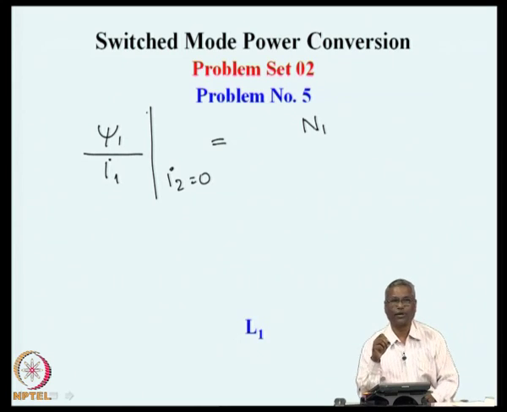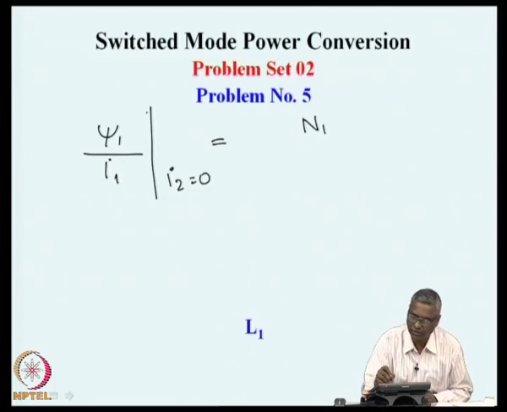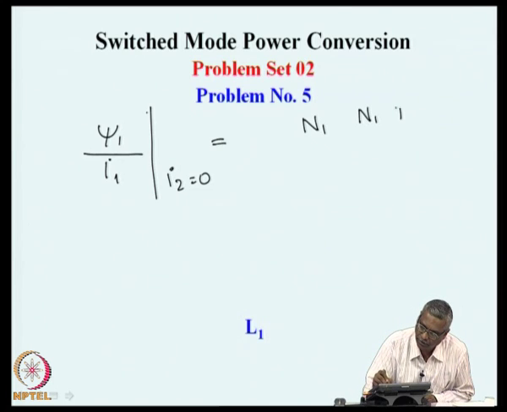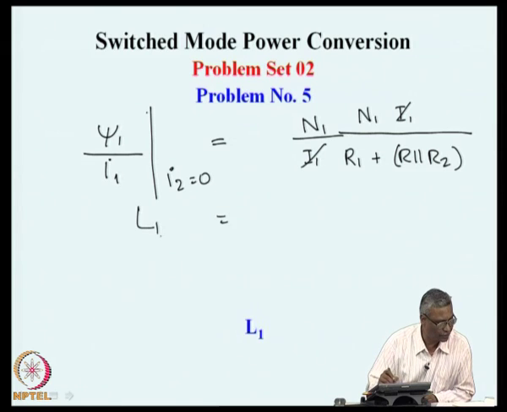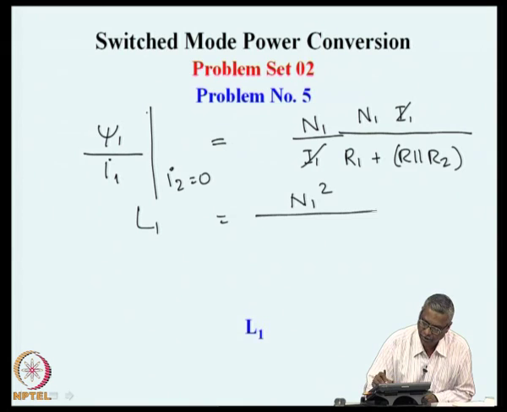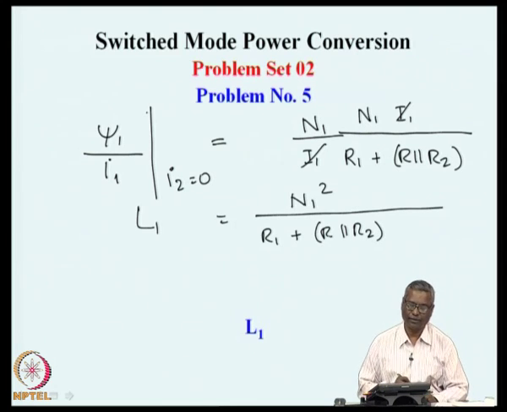The flux linkage is the product of number of turns and the flux, and the flux itself is N1 I1 divided by R1 plus R parallel R2, in this entire quantity divided by I1. So, this will cancel, and L1 will be N1 square divided by R1 plus R parallel R2.